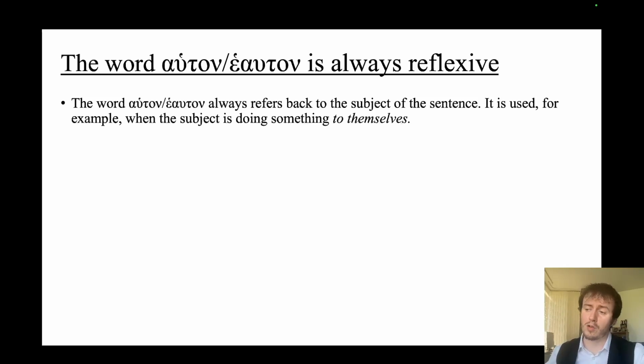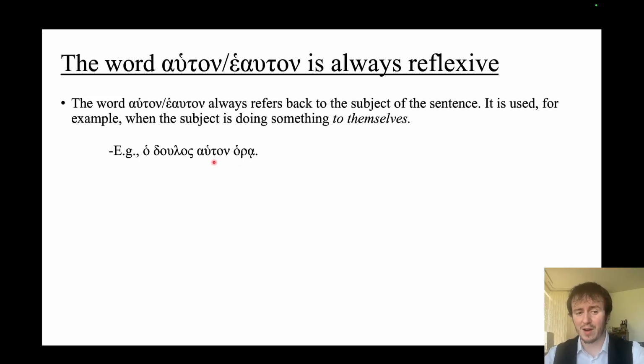Now, of course, you do get a clue from the gender and the number as well, but an even bigger clue, I should say, is who the subject is, because that will tell you how to translate it. So, for example, here we have ὁ δοῦλος ἑαυτον ὁρᾷ. This says, the slave sees ἑαυτον, himself.